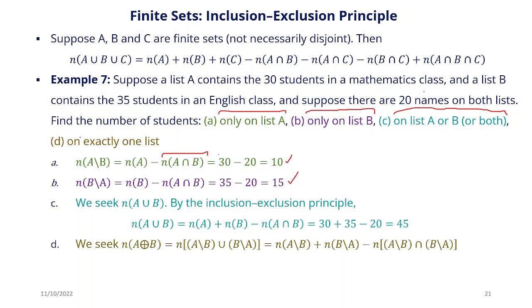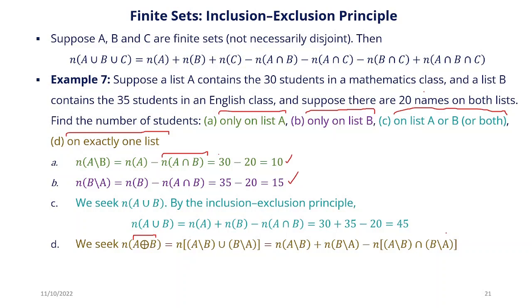For part D, exactly on one list, we are looking for the symmetric difference. So that will be the number of A exclusion B and the number of B exclusion A. These problems, which we solved using diagrams before, you can actually solve using the Venn diagrams that we described before, but we are now solving it algebraically.